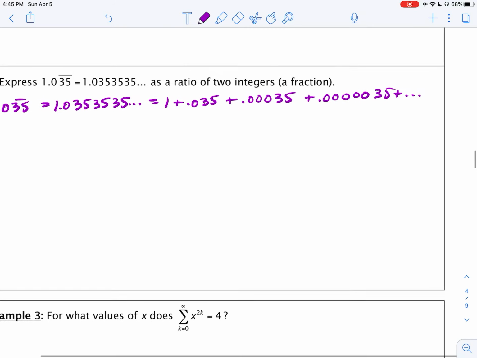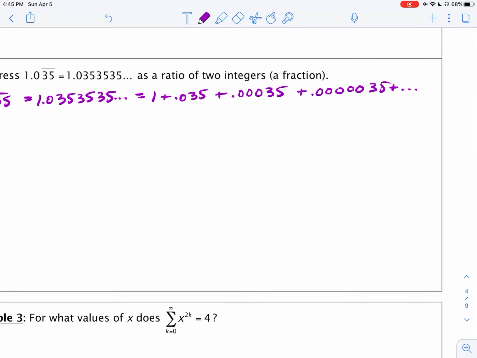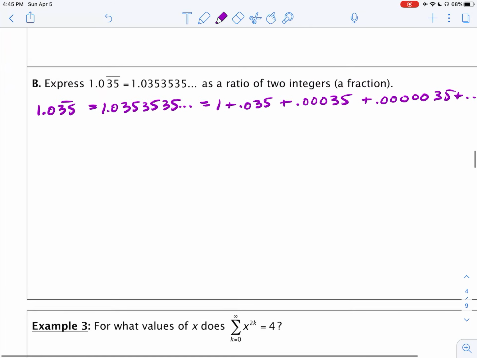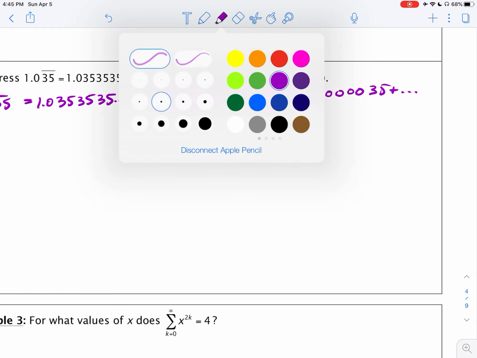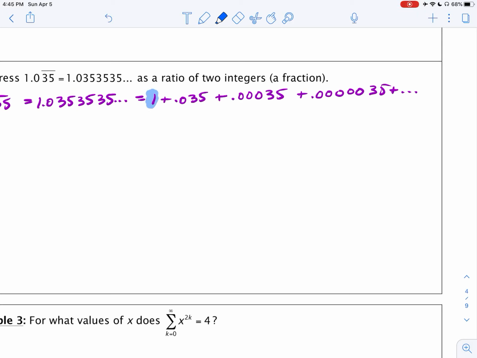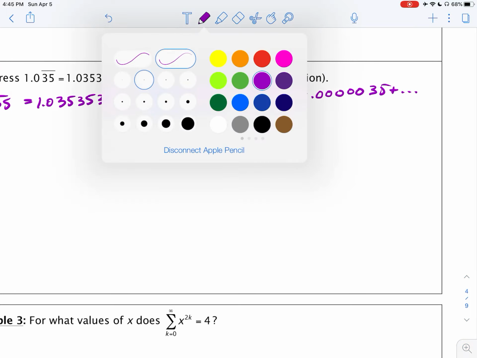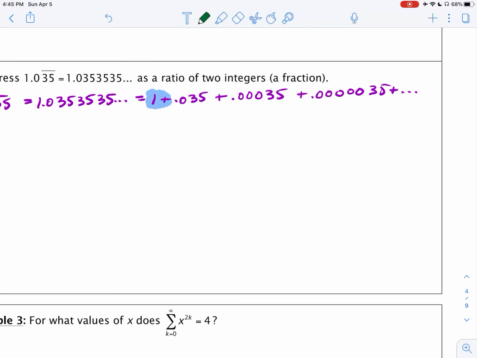So then I want to break this down and say I'm just going to keep the whole number that I have. We just don't want to forget to add that in our final calculation, but I'm going to continue writing this one in terms, so I can find it in terms of an a plus an ar plus an ar squared plus dot dot dot.